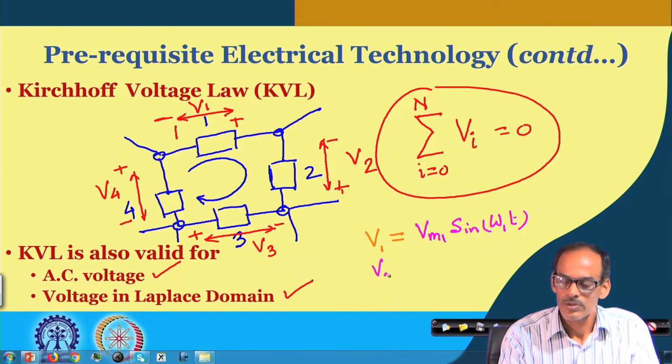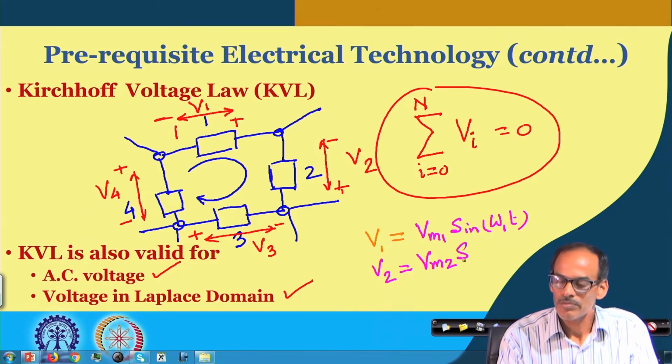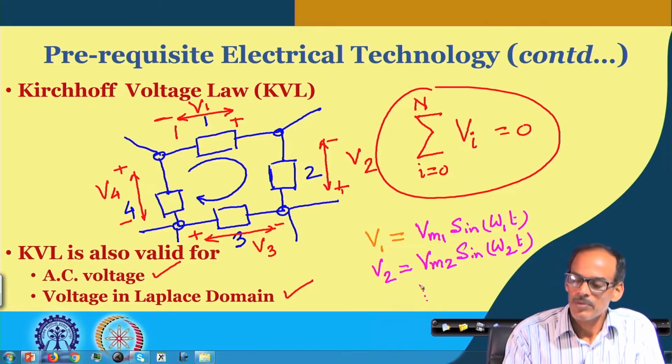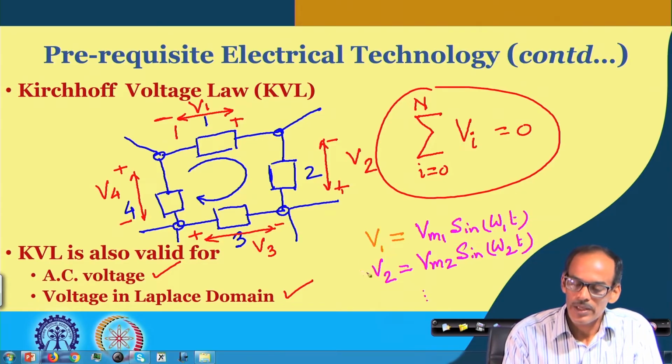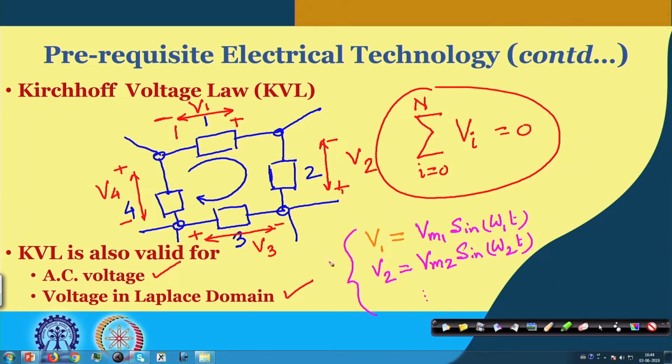V 2 may have its own amplitude and its own signal frequency, and so on. Likewise, all of them may have their own signals, and again you can add all of them and say that according to the KVL this is equal to 0.